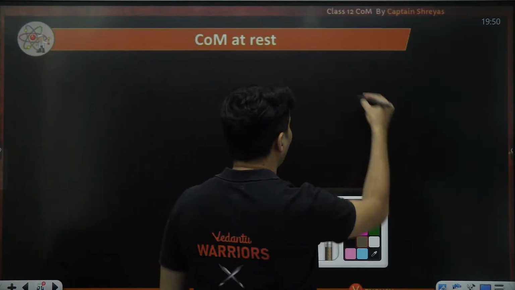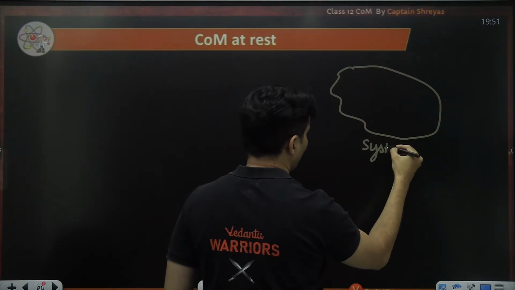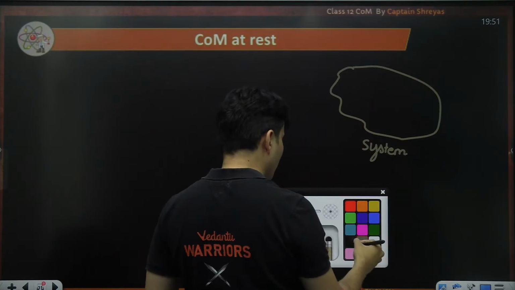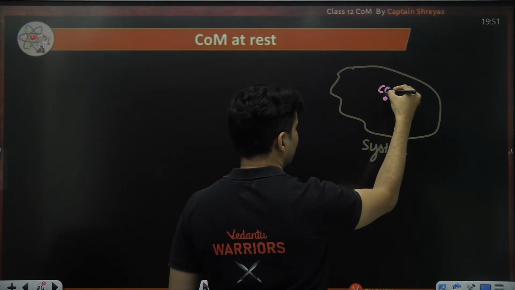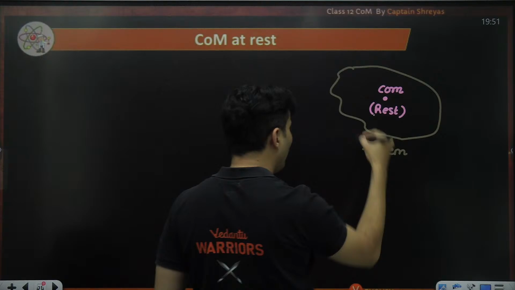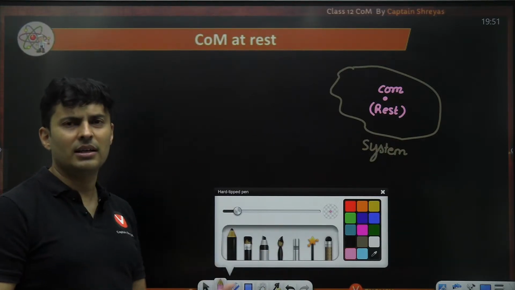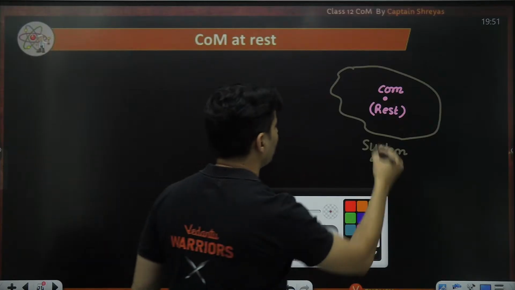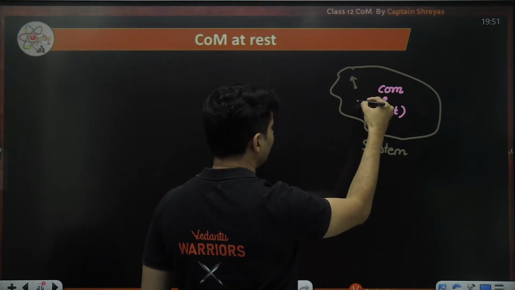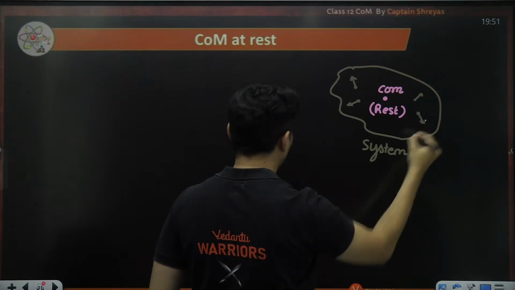Imagine we have a system and somehow we are able to conclude that the center of mass is going to be at rest. You'll be like, sir, how are you so sure the center of mass is at rest? Maybe it is given or it is understood for some reason. There will be many particles over here. Center of mass is at rest.